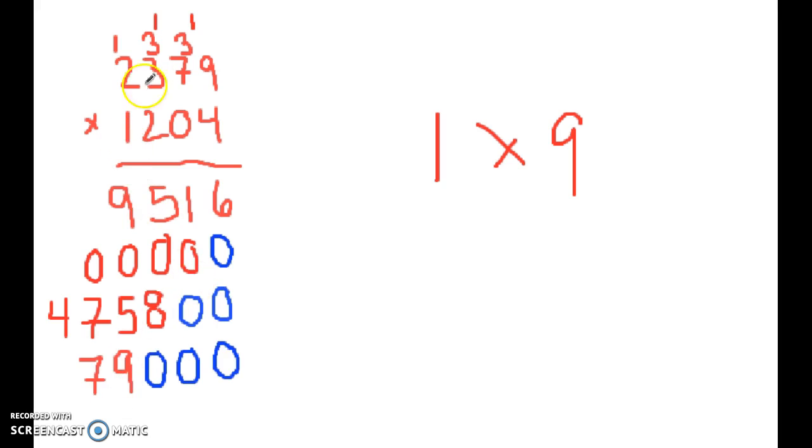Next we move on to our 1 times 3, and we can simply just drop our 3 down into the 100,000s place because it is 1,000 times 300. And finally, we have our 1 times 2, or our 1,000 times 2,000, and we can drop our 2 down into the 100,000s place, or to our millions place, actually, because it is 1,000 times 2,000.